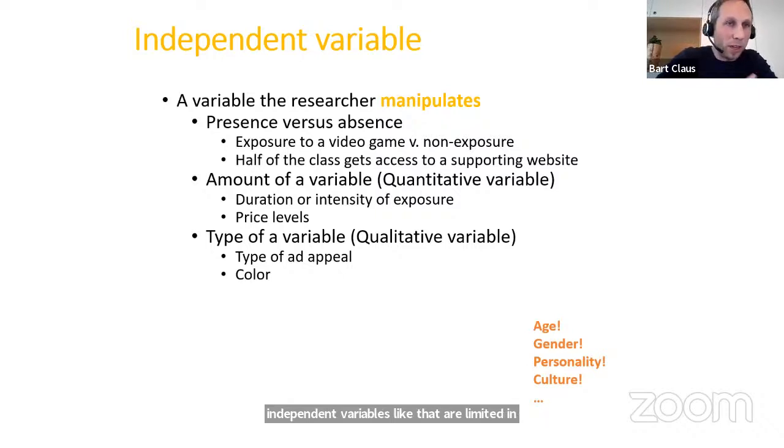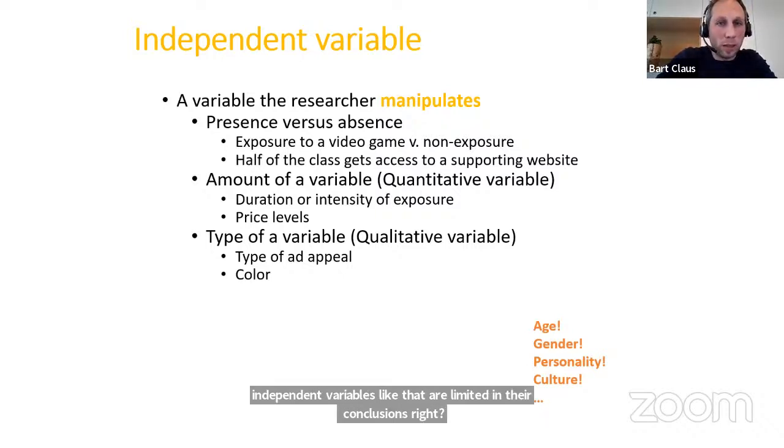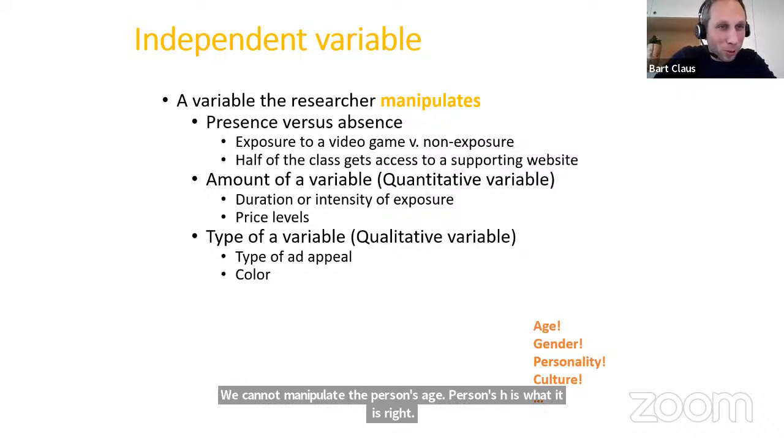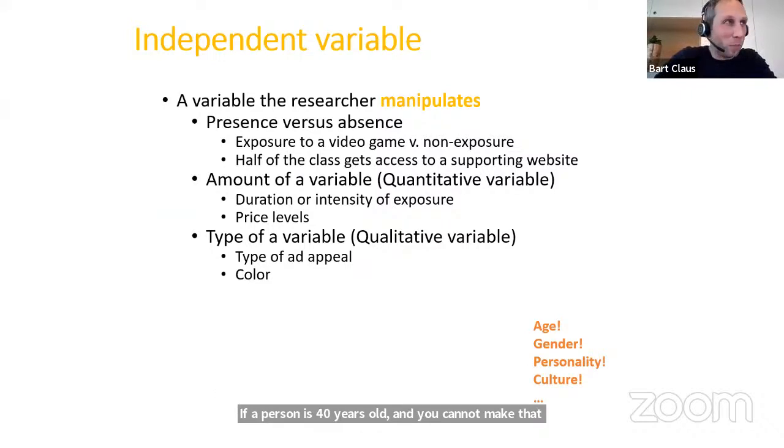Or you have to be very careful with interpreting their conclusions, because by their nature, variables like that are not really subject to manipulation. We cannot manipulate a person's age. A person's age is what it is. If a person is 40 years old, then you cannot make that person 50 years old. If a person is male or female, then this is something that as a researcher you cannot change.